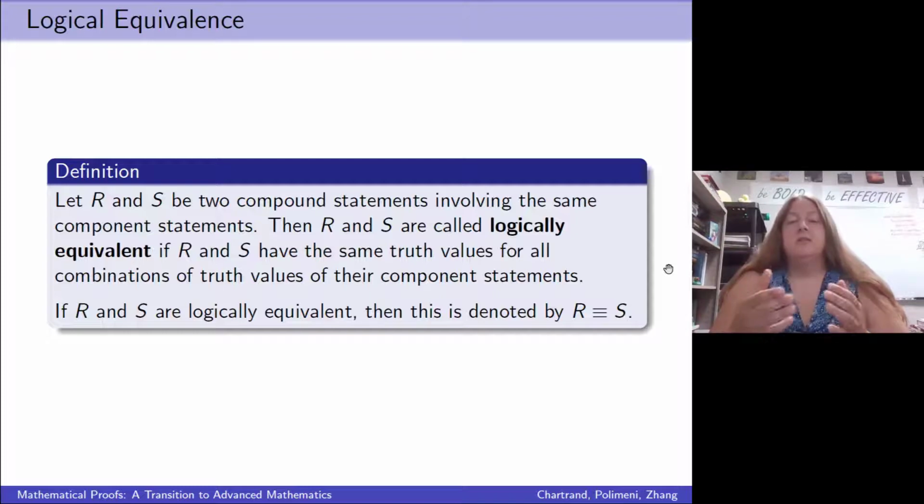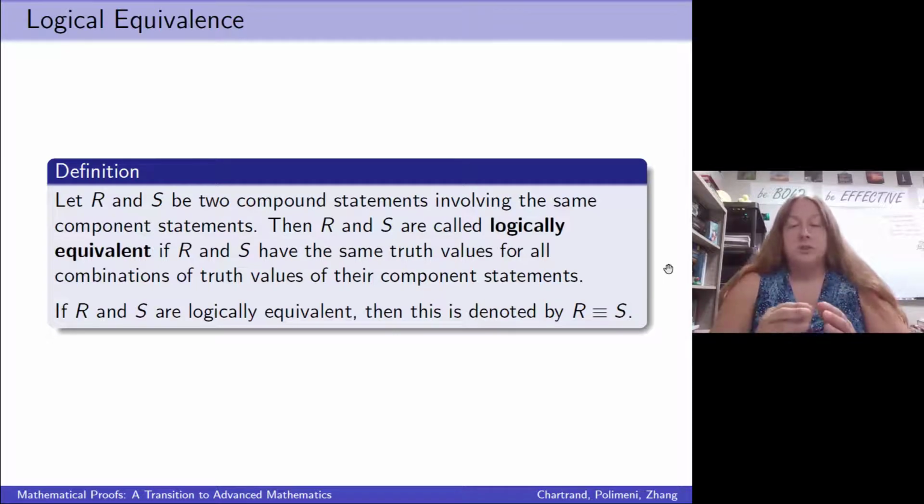They're called logically equivalent if all the combinations of truth values for the component statements result in the same truth values for R and S. Basically we're looking for two columns of a truth table that match identically the whole way through.